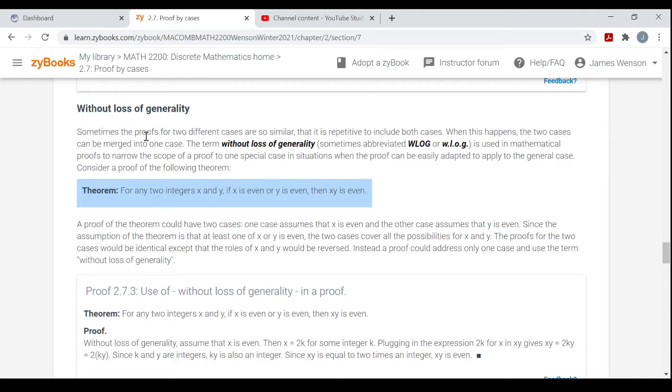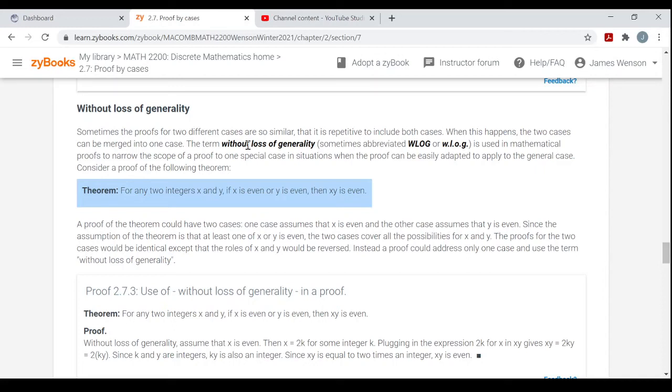Sometimes the proofs for two different cases are so similar that it is repetitive to include both cases. It's redundant. When this happens, the two cases can be merged into one case.